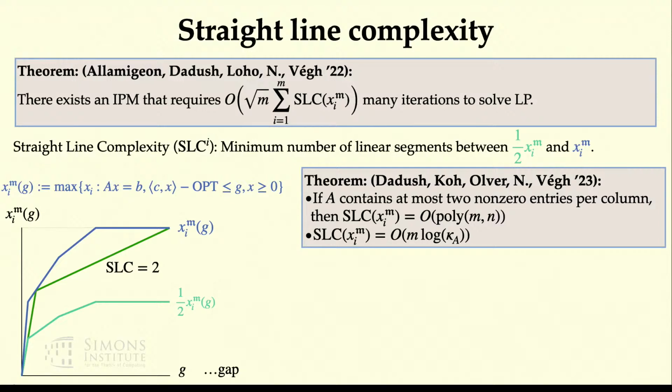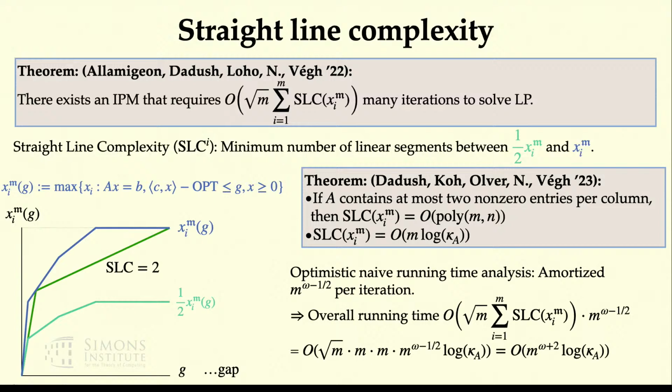Now the question is, let us be optimistic and take this straight line complexity bound and plug it into this result here, and let's see what we get in the running time. So if you optimistically say that amortized, you can implement every iteration in m to the omega minus 1/2. This is exactly the amortized running time that you get for high accuracy solvers per iteration.